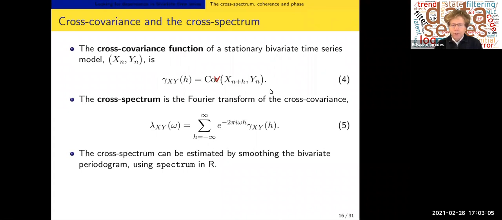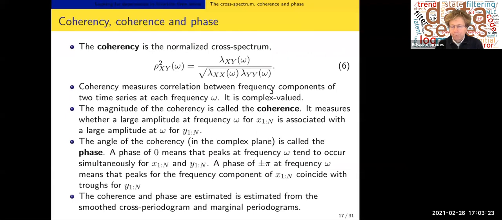And this cross spectrum can be obtained by smoothing the bivariate periodogram using spectrum in R. That's really a natural bivariate extension of the univariate spectral estimation that we've seen before. Now, just like we don't normally interpret the covariance, we normally seek to interpret correlations and variances. The cross spectrum, we don't normally look at it.